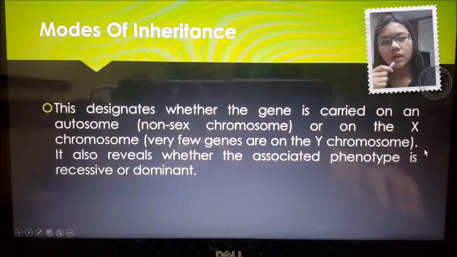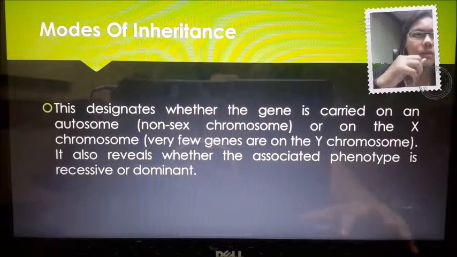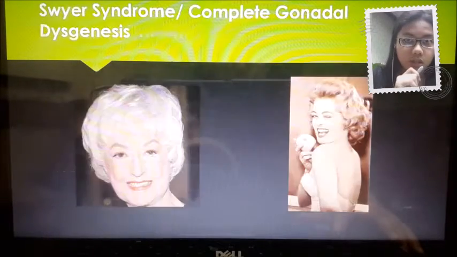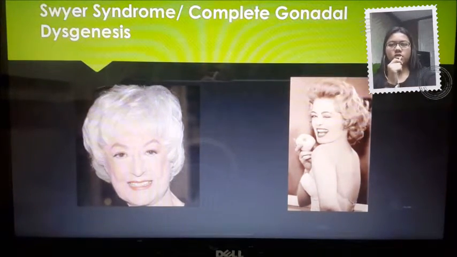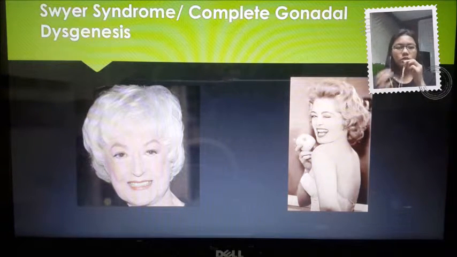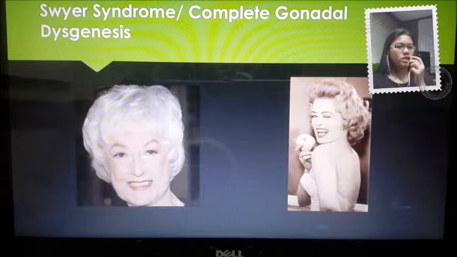This is what will happen if the SRY gene mutates: Swyer syndrome, or complete gonadal dysgenesis.